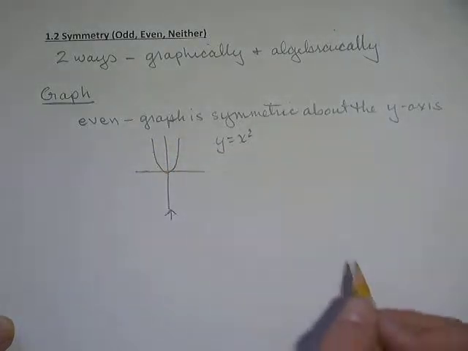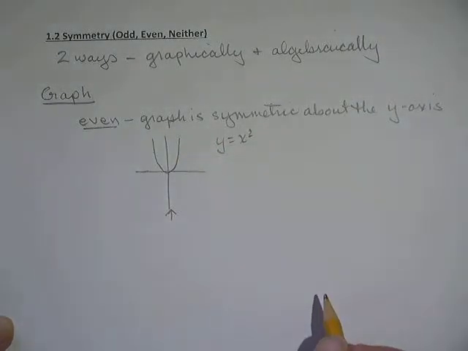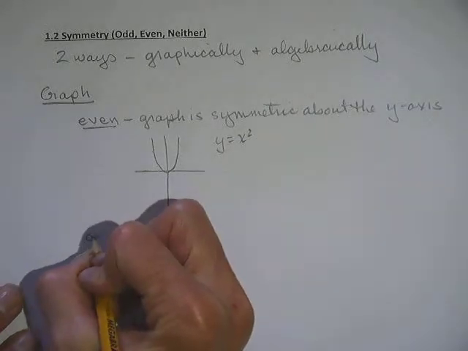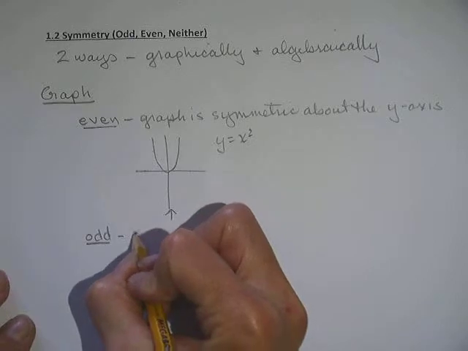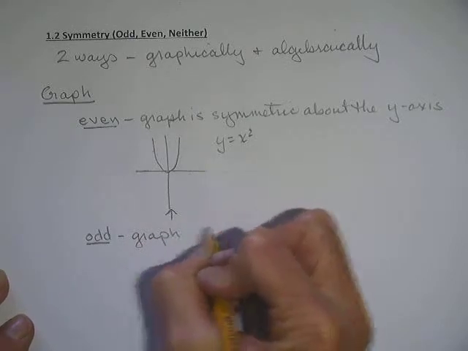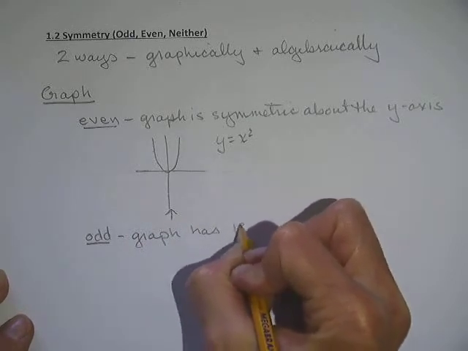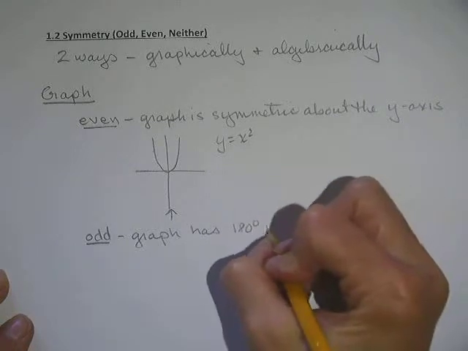So, for example, the x squared function. I have y equals x squared. If I folded the paper in half right along the y-axis, it would match up. Everything is symmetric, okay? That's how we know that it's even.